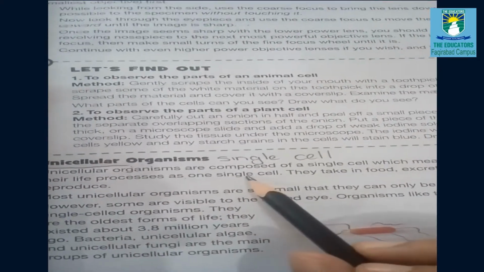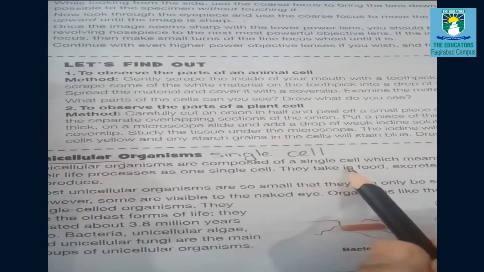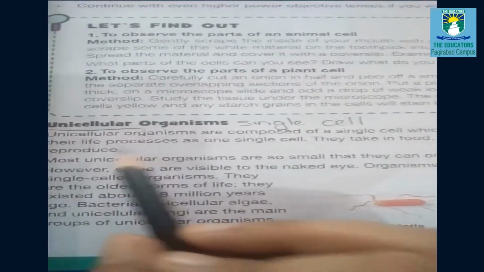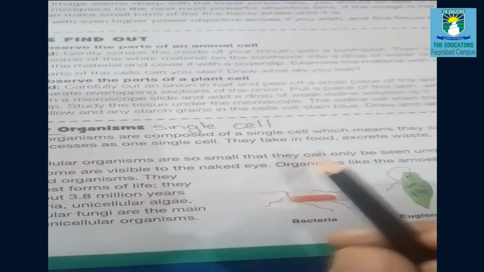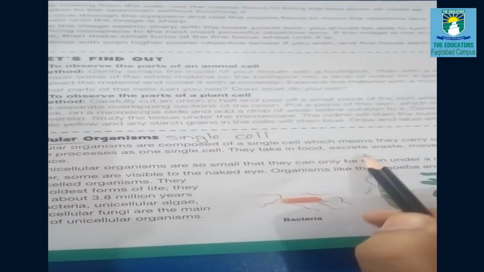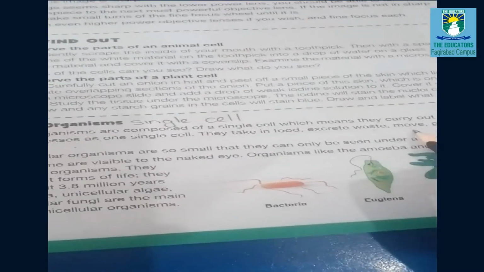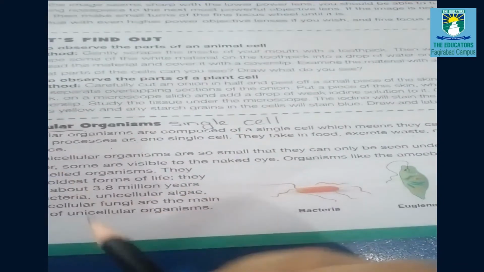Unicellular organisms are composed of a single cell, which means they carry out all of their life processes as one single cell. They take in food, excrete waste, move, grow and reproduce.